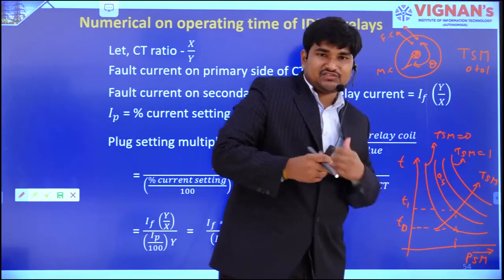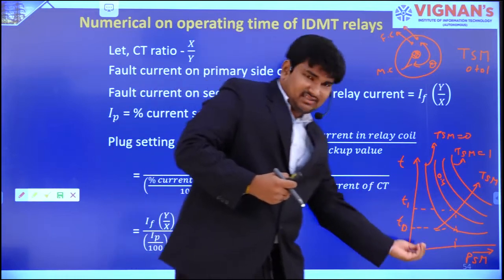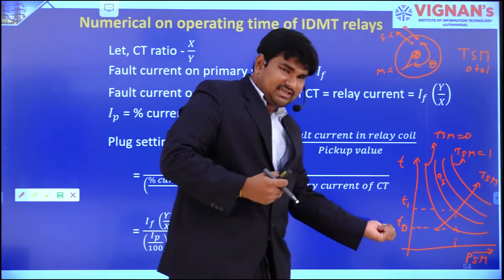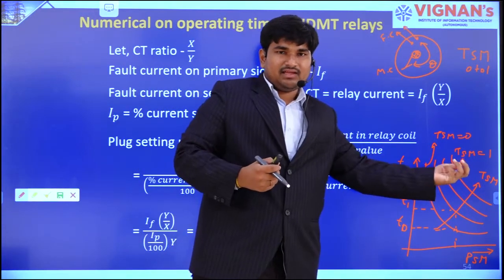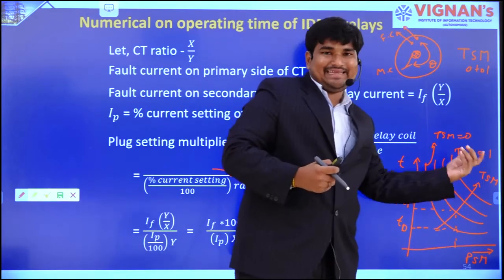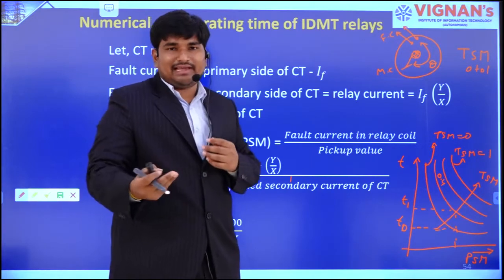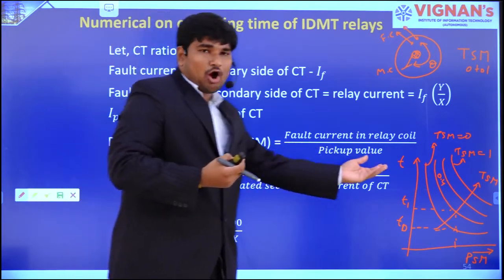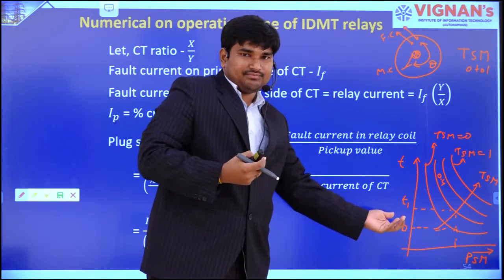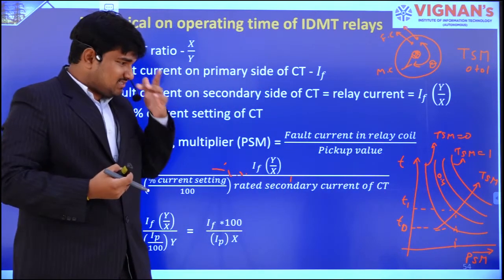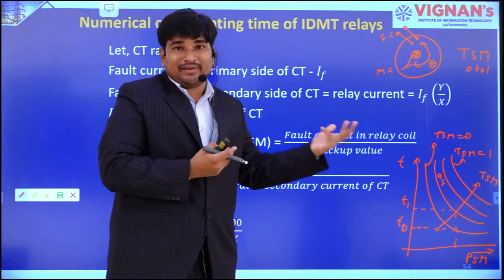That's why after getting the operating time T, I have to multiply it with the TSM value. So at last we get the actual relay operating time. Now let us observe this with the help of numericals.